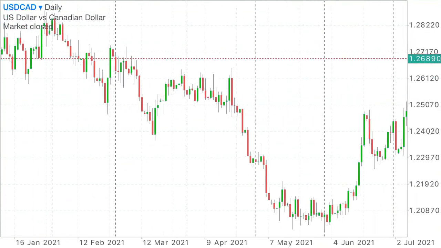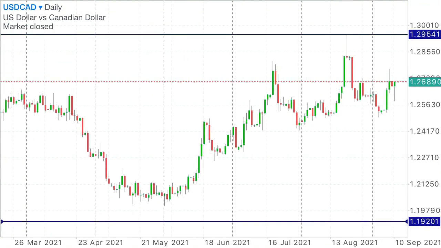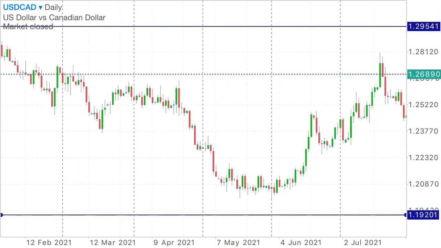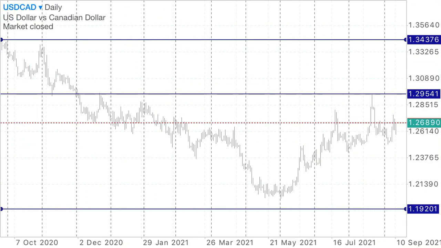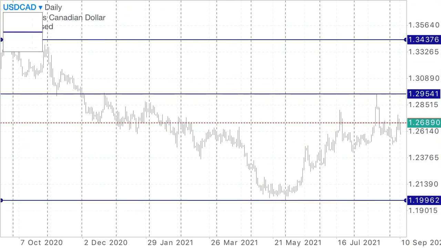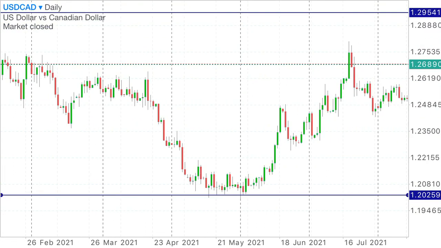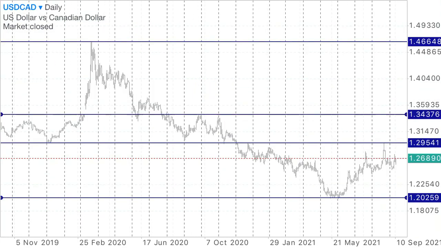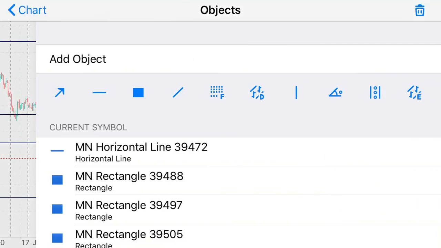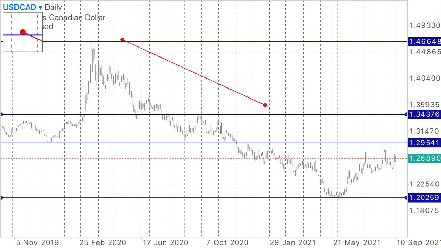a daily chart. On a daily chart, we're still on an uptrend. Why? If you can check here, on a daily chart, we're still on an uptrend. Why? One, we have this trend line breakout over here.